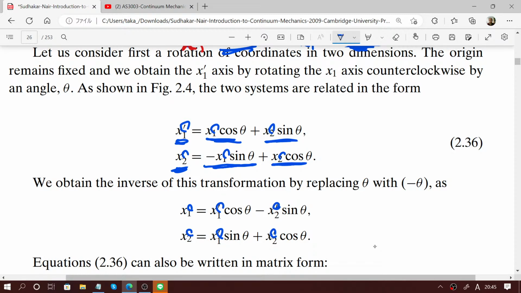Then you see it also changes theta to minus theta. So sine theta goes to minus sine theta. Cosine theta doesn't change. Minus sine theta goes to sine theta. Something like this.